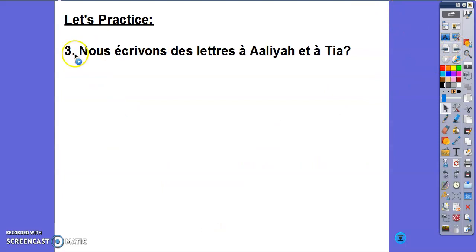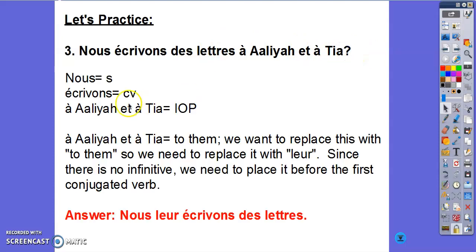Okay, let's try again. Nous écrivons des lettres à Alia et à Tia. So pause and try this one. Okay. Nous is our subject, écrivons is our conjugated verb, and à Alia and à Tia, to Alia and to Tia, is our indirect object.